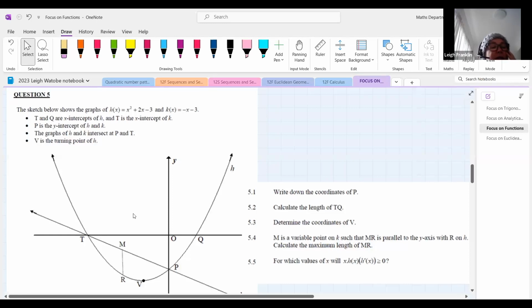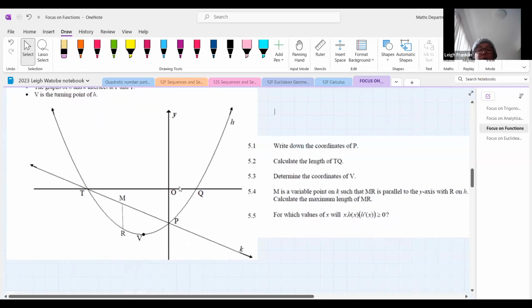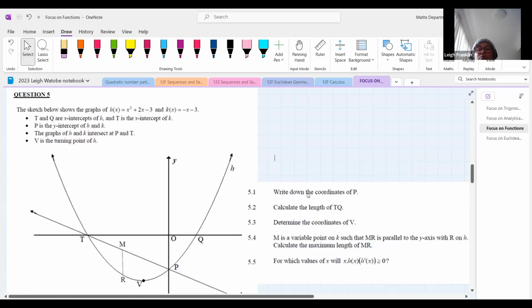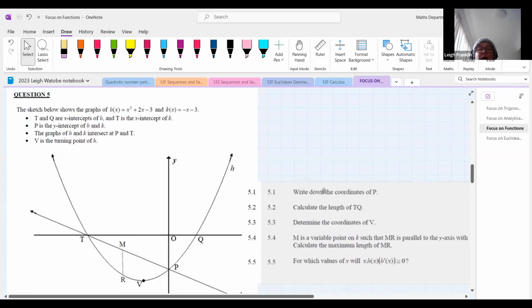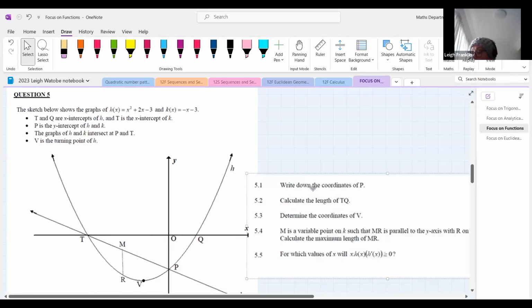P is the y-intercept of h and k. So again, they're sharing an x-intercept and a y-intercept. They intersect at P and T. V is the turning point of h. So the first thing that they want us to do is write down the coordinates of P. That's only 1 mark. All right, so what would we do there?